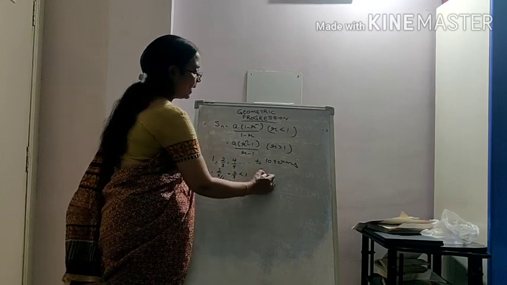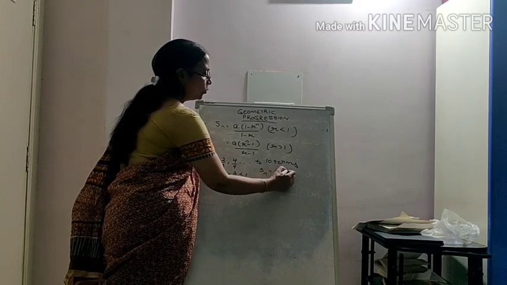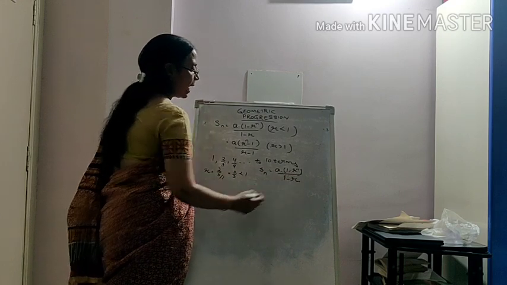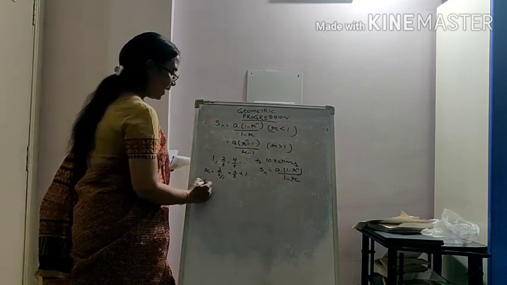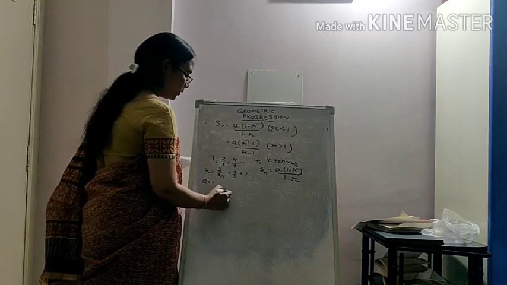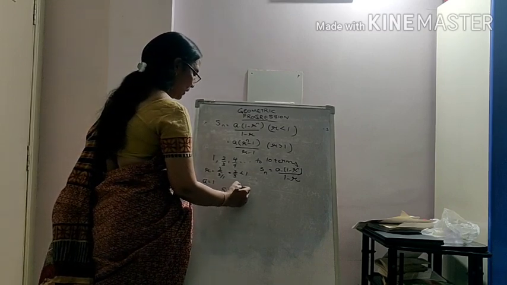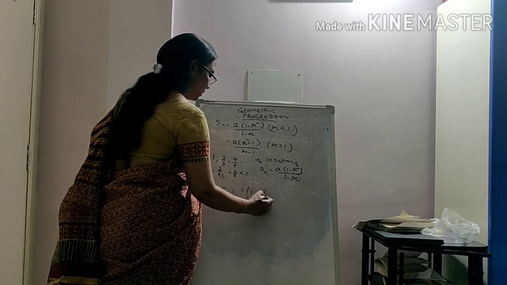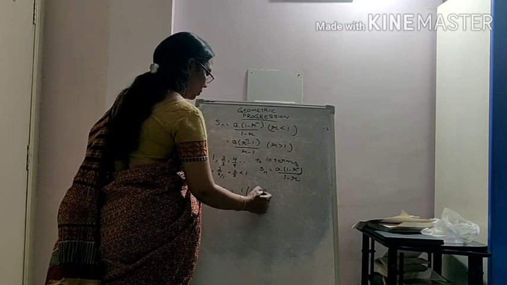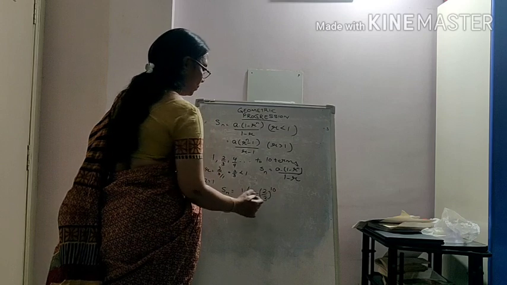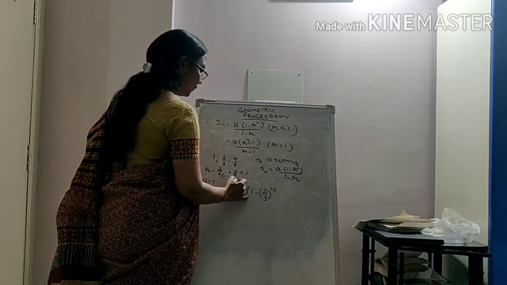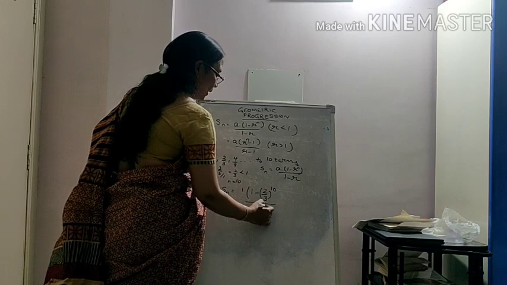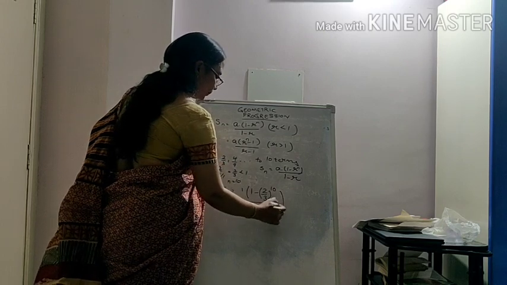Therefore we can apply Sn is equal to a into 1 minus r to the power of n upon 1 minus r. Now what is a here? A is 1. So your sum of terms is Sn equals 1 into 1 minus 2 by 3 whole to the power of 10, because he is asking us the sum of 10 terms, upon 1 minus 2 by 3.